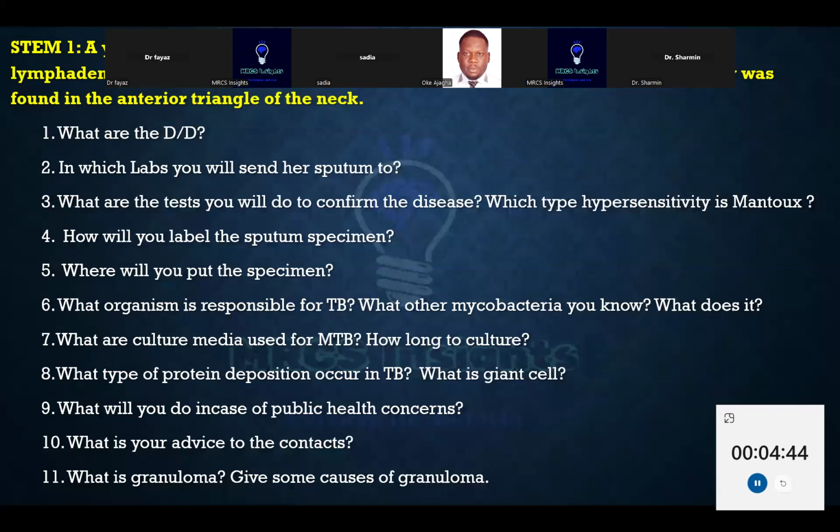And what is contact tracing? Contact tracing is basically to identify a person who may have been in contact with another infected person. Very good. And what is your advice to the contacts?